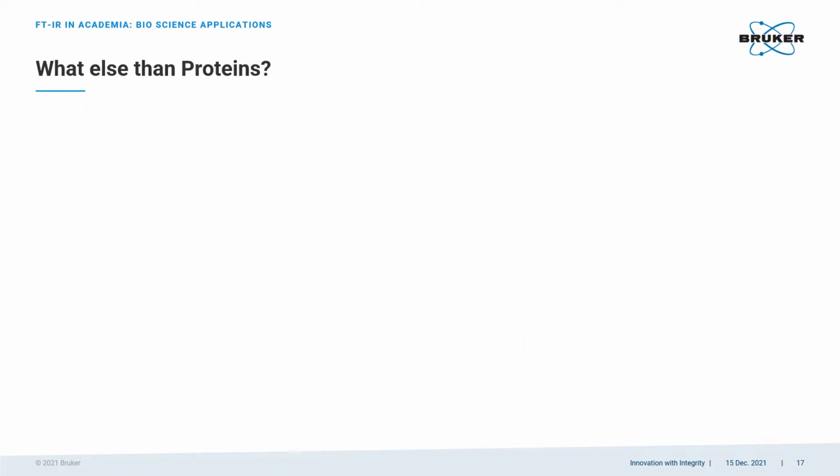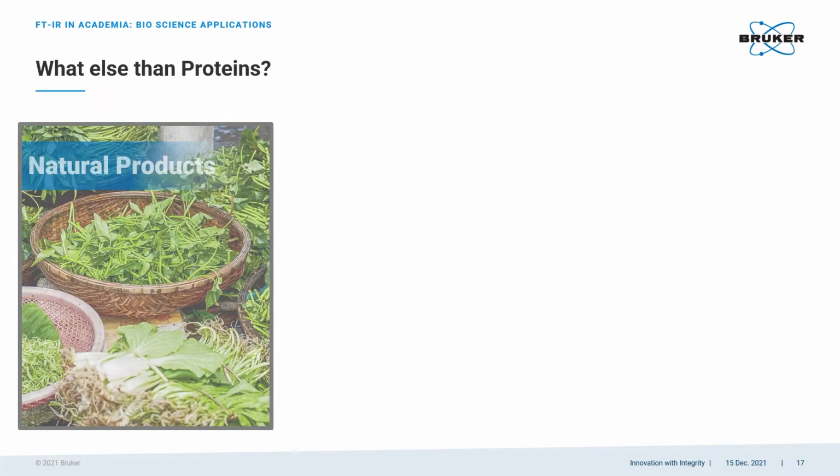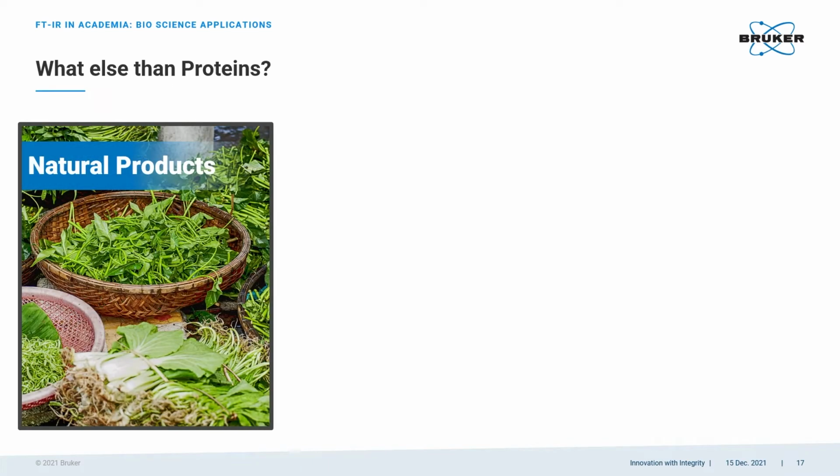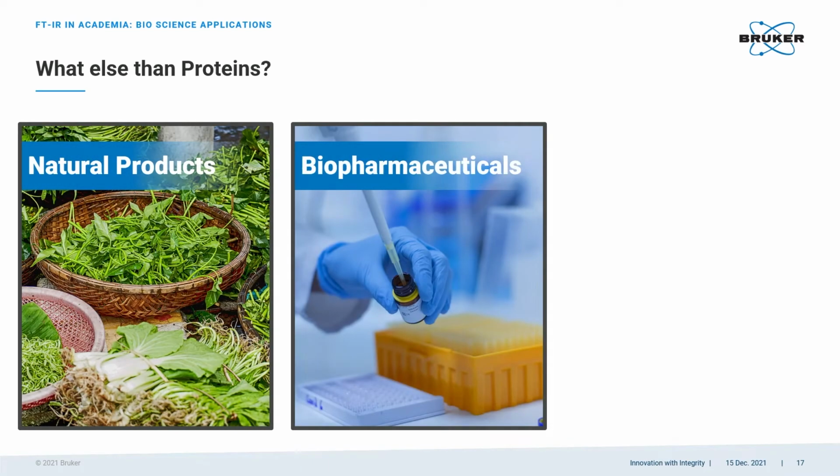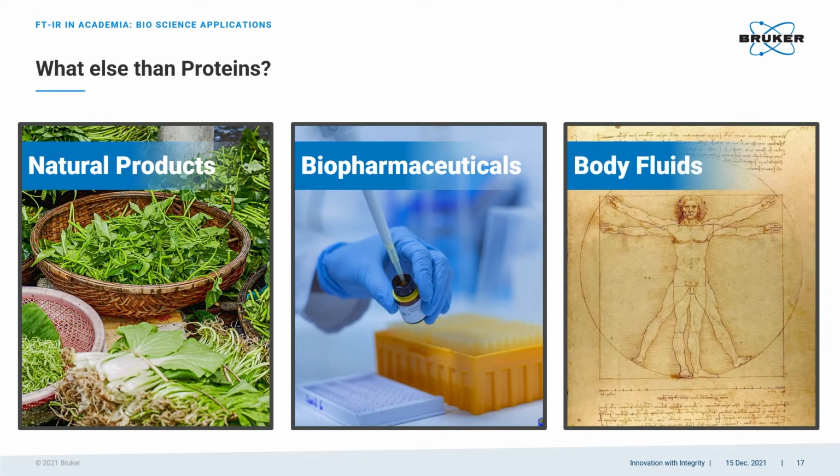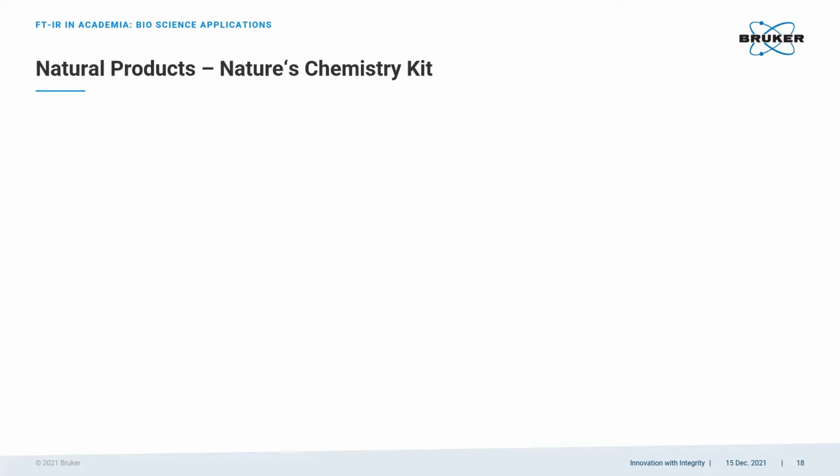Now, to what other kinds of samples than proteins do we want to take a look now? That is natural products, biopharmaceuticals, and last but certainly not least, body fluids. Natural products, that is nature's chemistry kit.